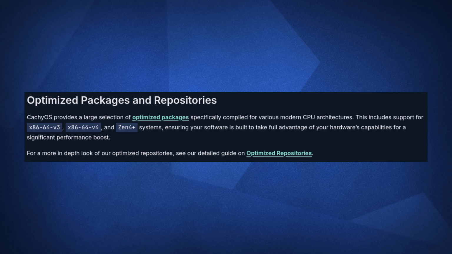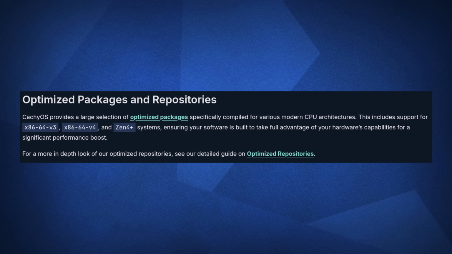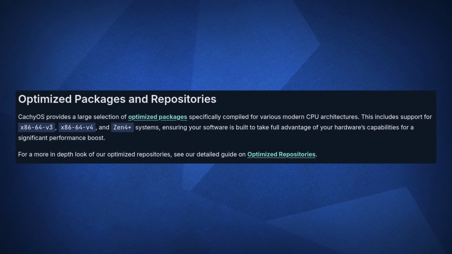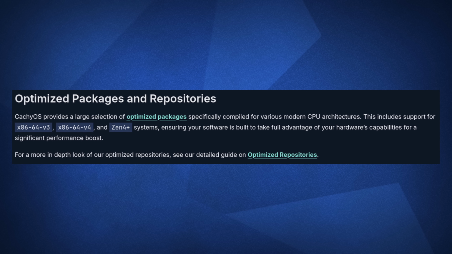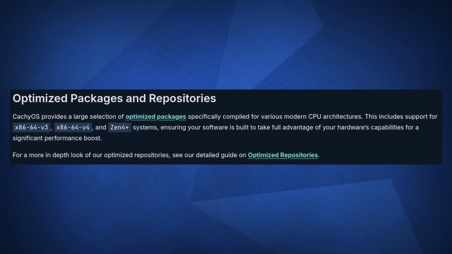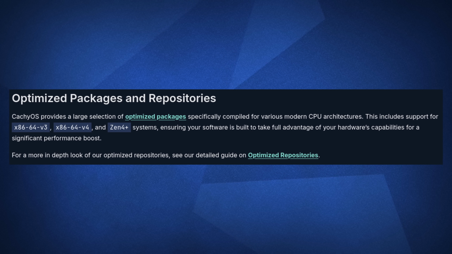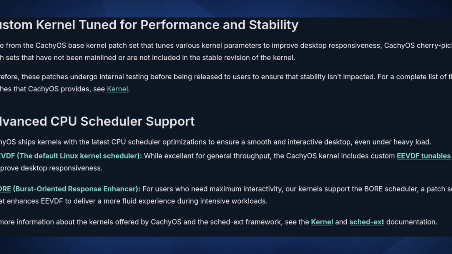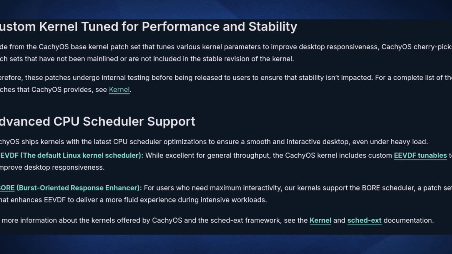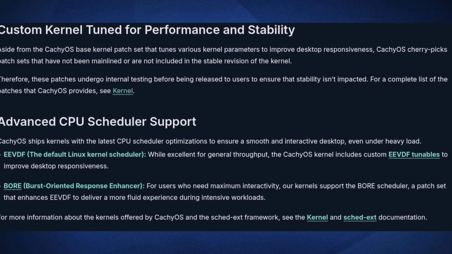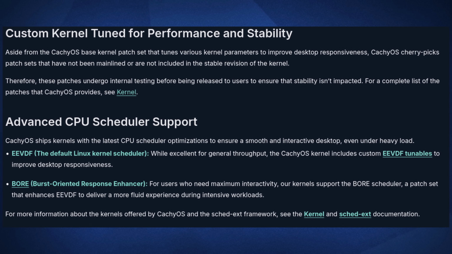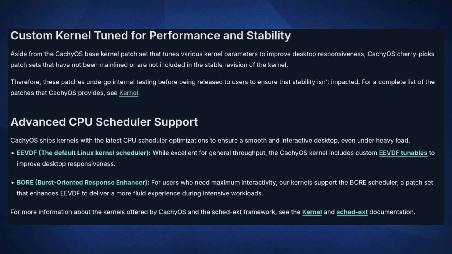This means your system is running code that's perfectly tailored to your hardware, leading to snappier performance, faster boot times, and a more responsive desktop experience overall. As for the kernels, they have included different schedulers, which optimize the computer's resource allocation depending on the activity you are doing. It's like having a custom-tuned engine under the hood.